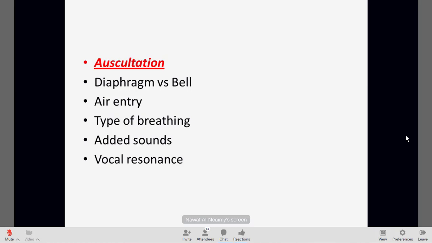احنا لما نعمل الاسكولتيشن of the chest from the front عادة احاول ابتعد عن السترنم، يعني ما اجي اعمل الاسكولتيشن in the parasternal region.